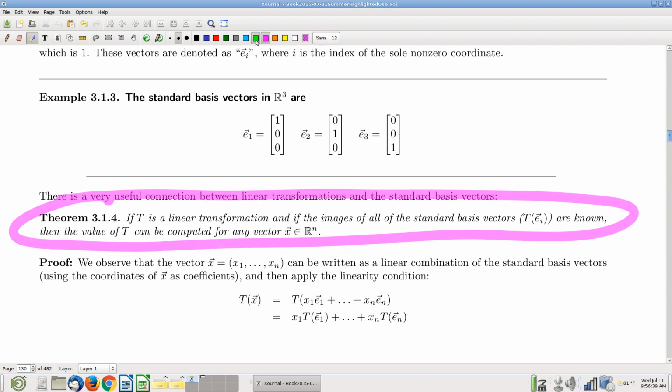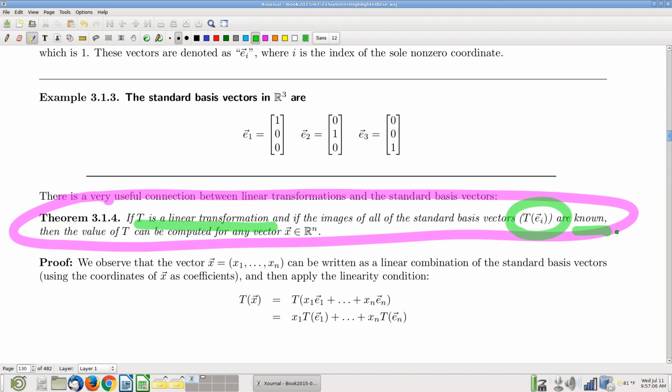If you have a linear transformation, and if you know the images of the standard basis vectors. Now let me remind you, an image just means output. So T of e_i says we're going to take these standard basis vectors e_i, plug them into this linear transformation T, and see what comes out. So T of e_i are, grammatically, the images of the standard basis vectors.